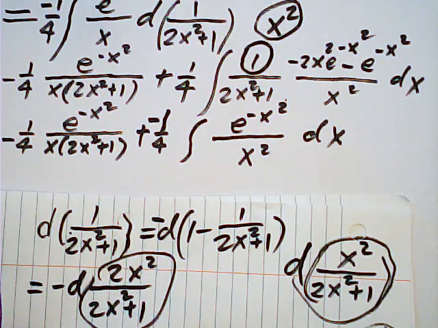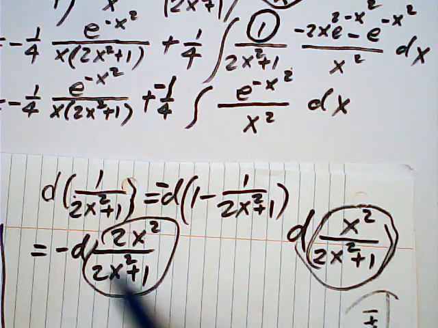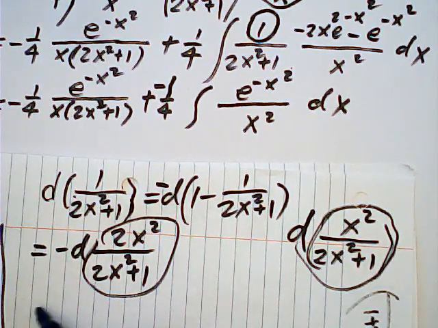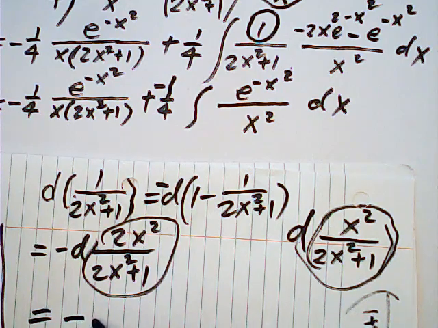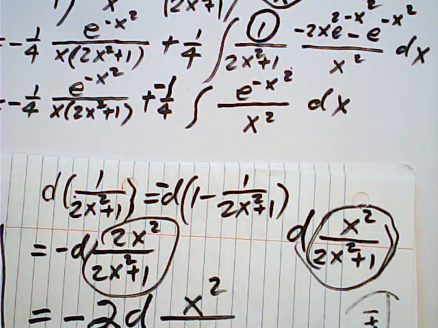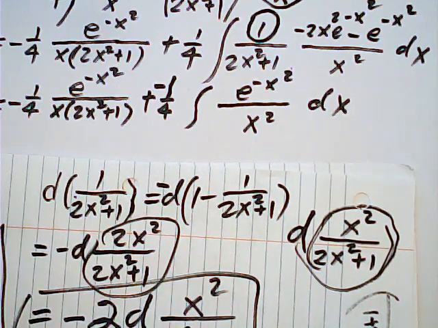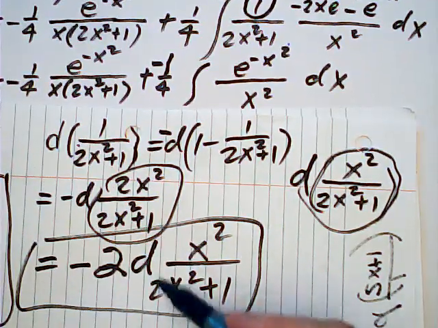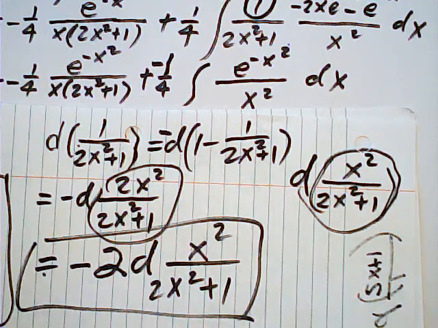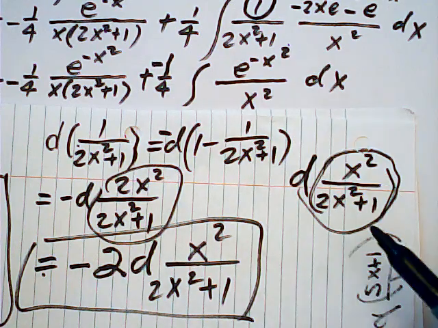That's easy, right? Take 2 outside. So this one is negative 2 d of x squared, 2x squared plus 1. That is what I want. I have this, at the same time the equal sign. Negative 2 I can take out.